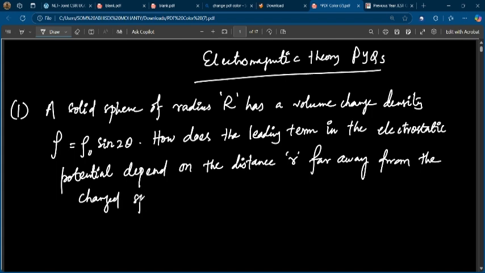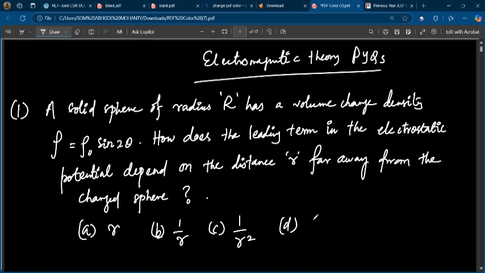Okay, so the options are: option A is r, option B is 1 by r, option C is 1 by r square, option D is does not depend on r.